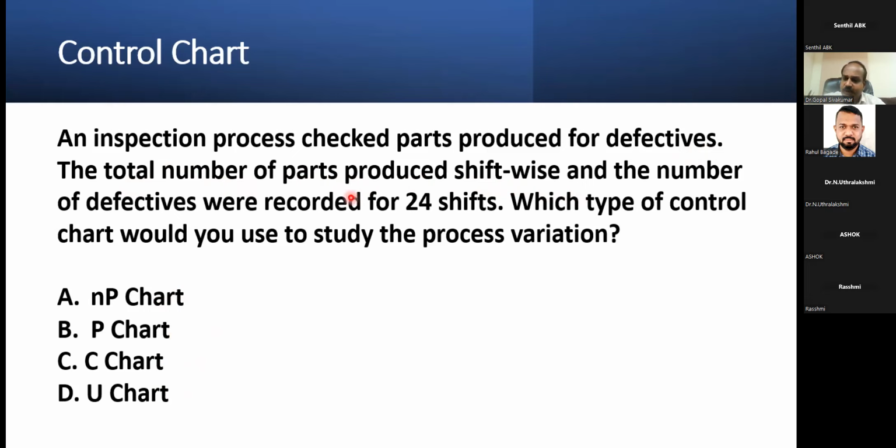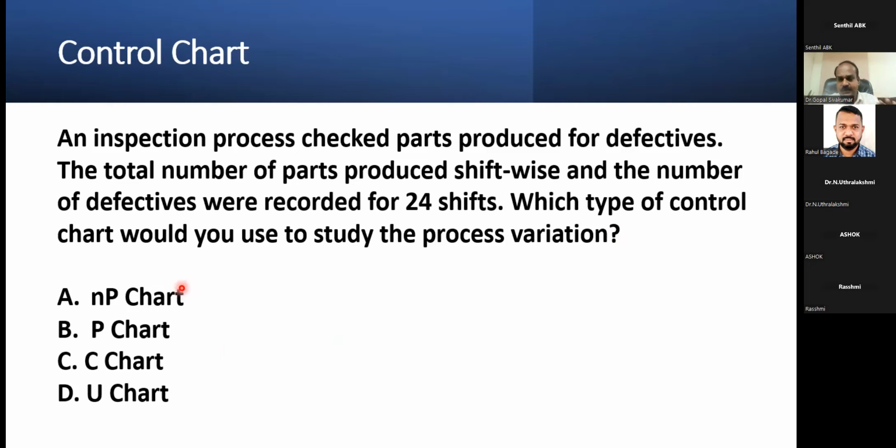Do you think the number of parts produced every shift will be constant or variable? Variable. If it is variable, you should go for P chart. If it is constant, you should go for NP chart.